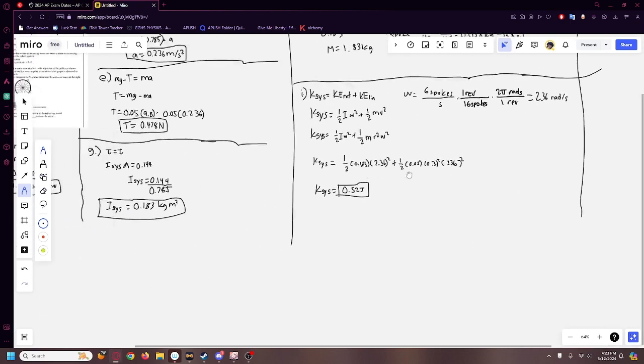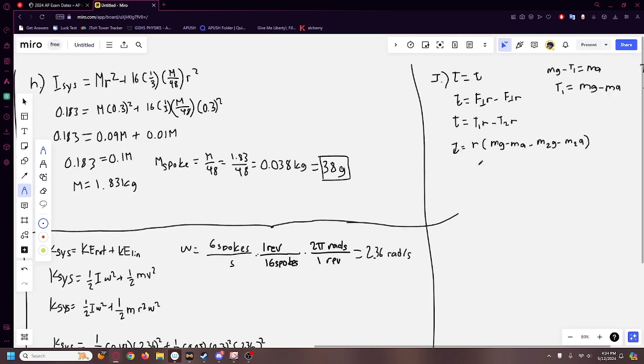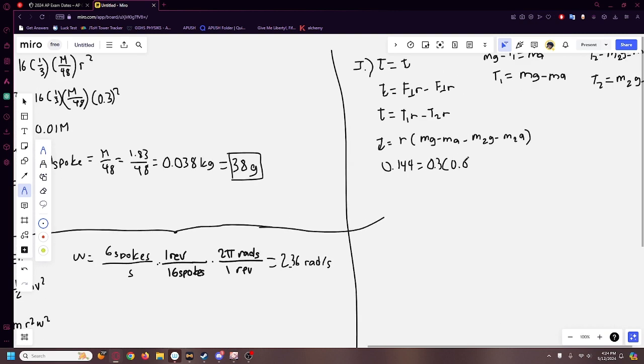The net torque is 0.144. R is 0.3. M is 0.07.